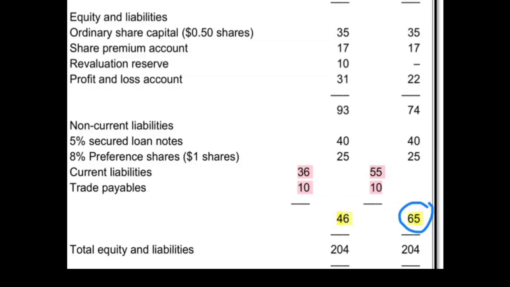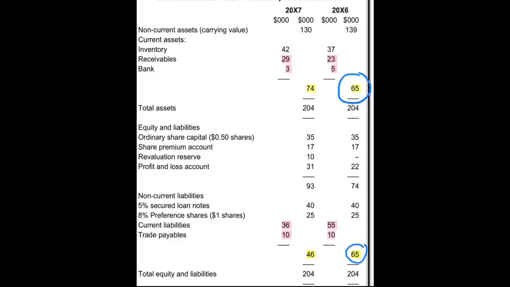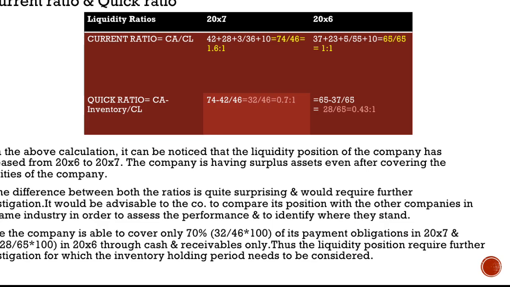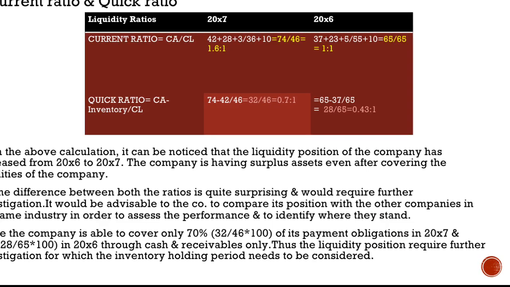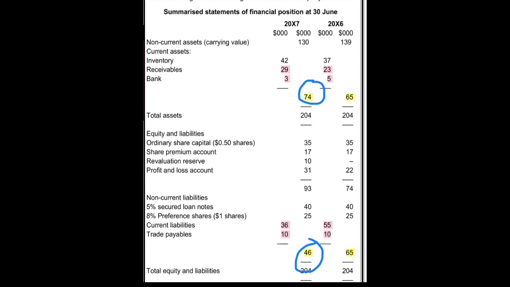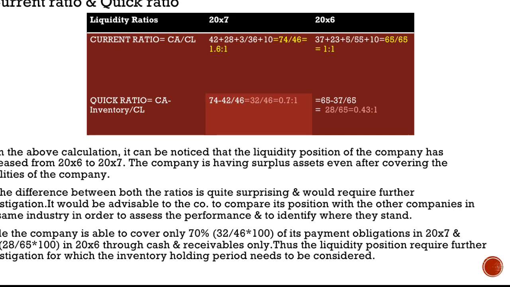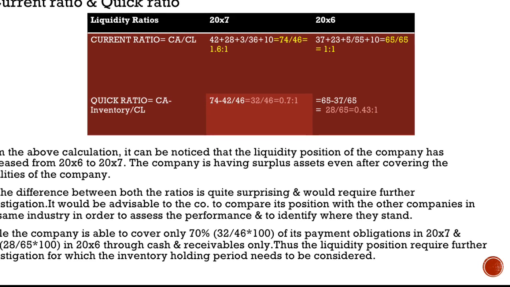So for 2006 we get the total as 65 divided by 65. So when we simplify, it becomes 1:1. And for 2007 it is 74 divided by 46, that is 1.6:1. So this is how you calculate current ratio.